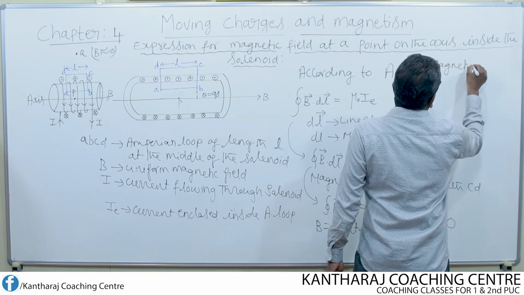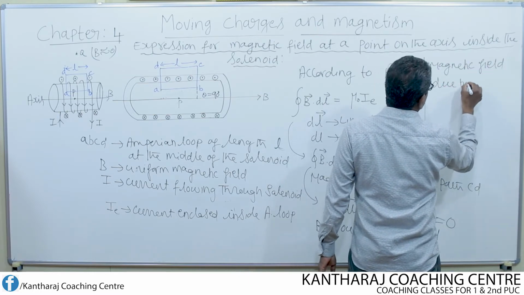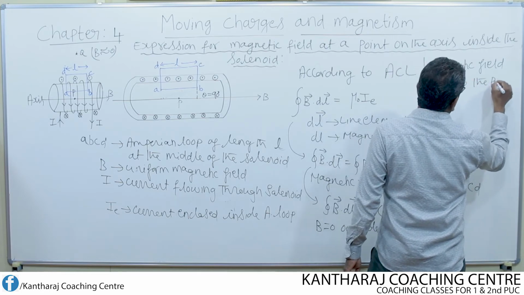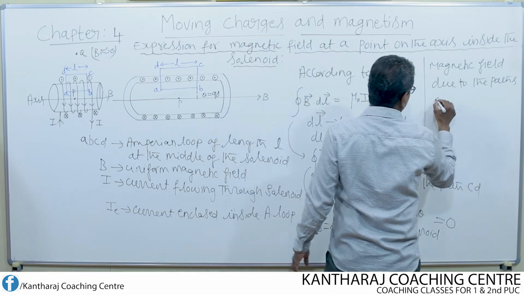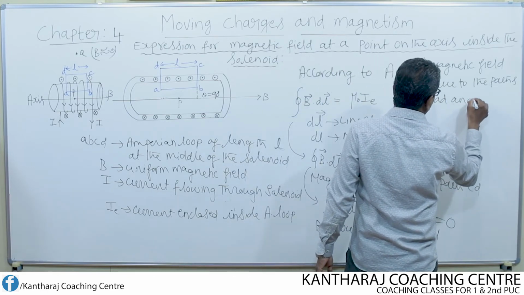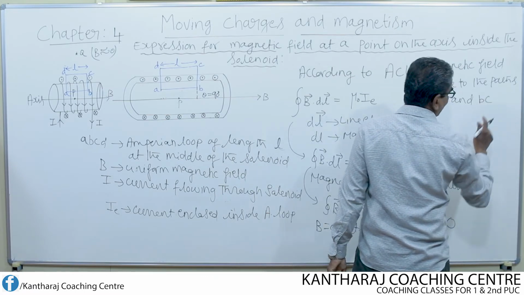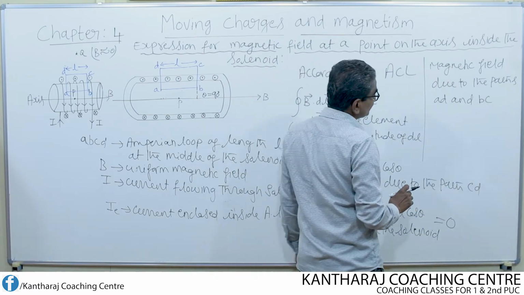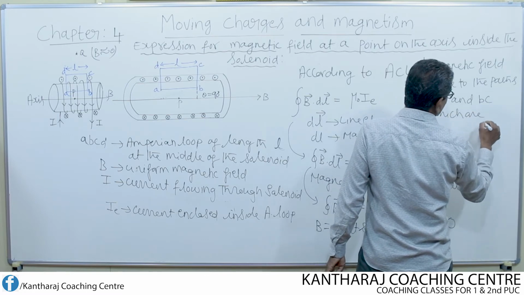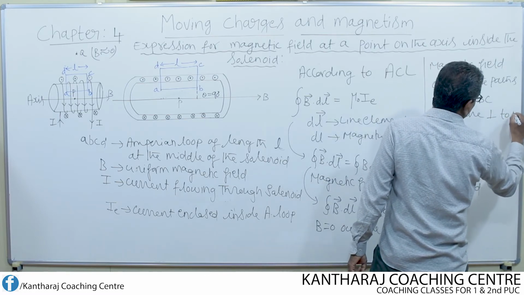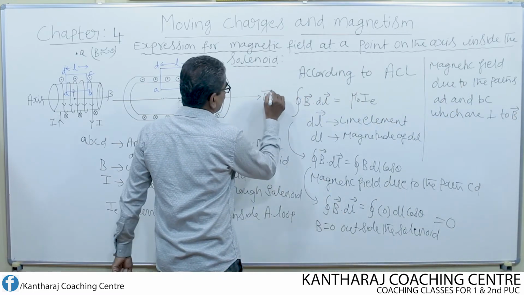Magnetic field due to the paths AD and BC, which are perpendicular to the magnetic field B. So this is the direction of the magnetic field.